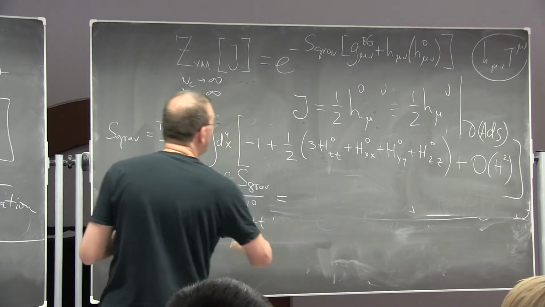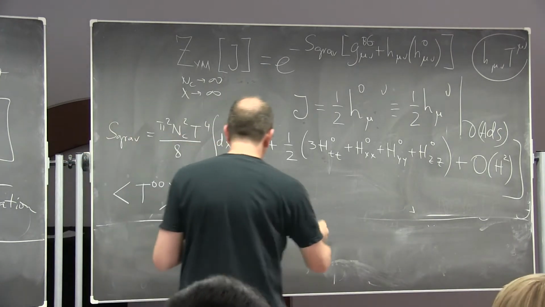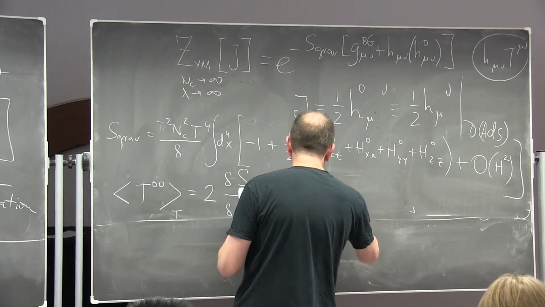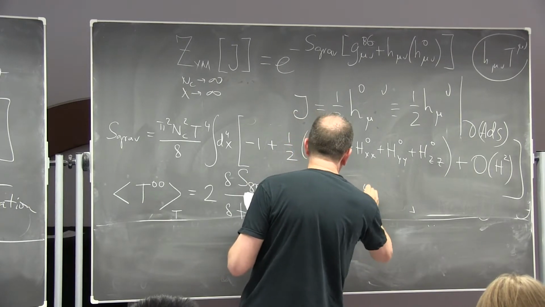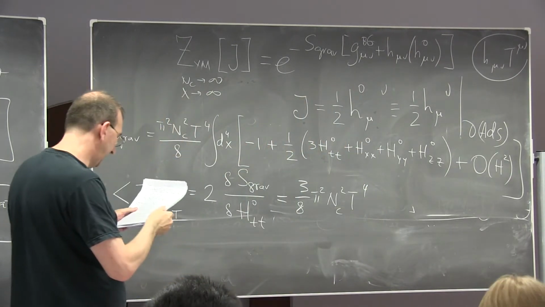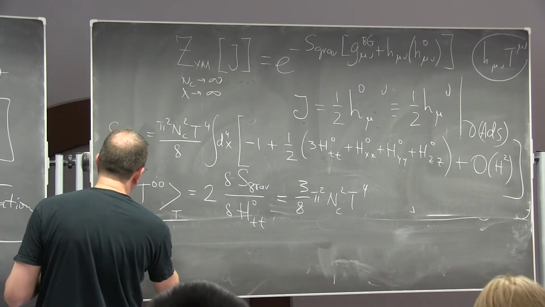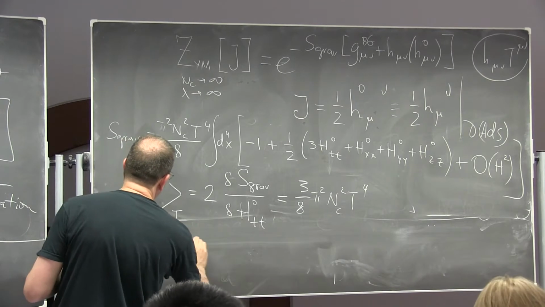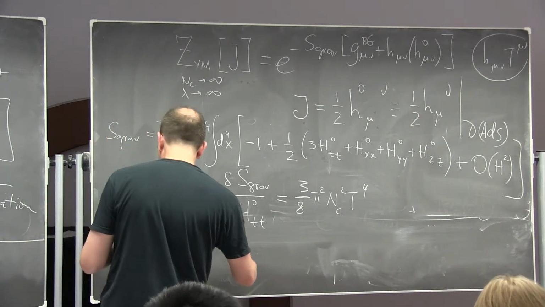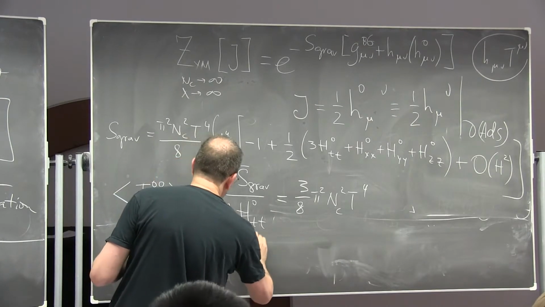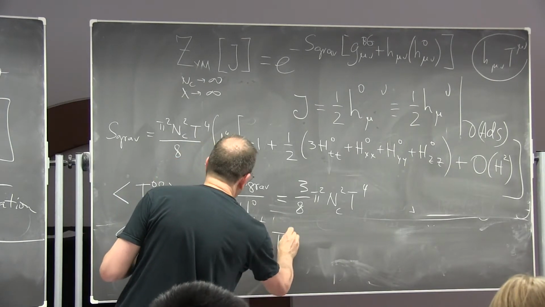And you can look at the formula, and this is equal to 3/8 pi squared N squared c T to the fourth. That's the answer. And you can compute also T xx, so the T zz component, in a similar fashion, and discover that this is equal to 1/8 pi squared N squared c T to the fourth.